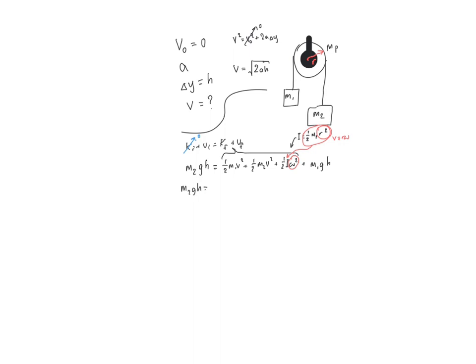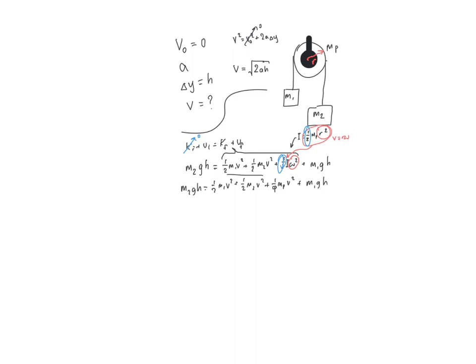We have M2 g h is equal to 1/2 M1 v squared plus 1/2 M2 v squared plus, now in this one we want to multiply this 1/2 right here by this 1/2 to give you 1/4 times Mp v squared, plus M1 g h.